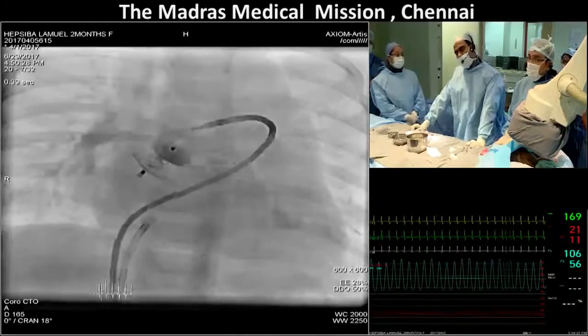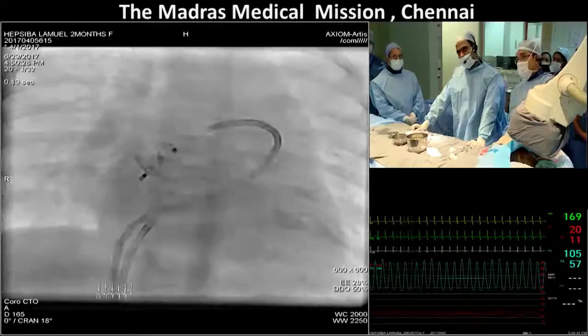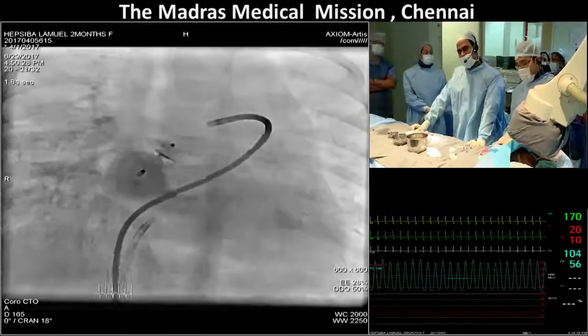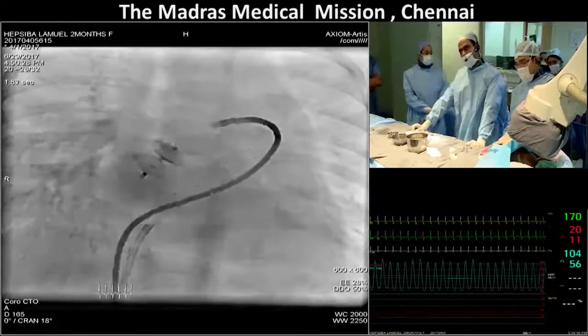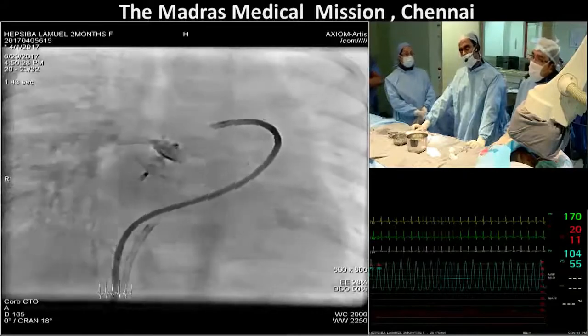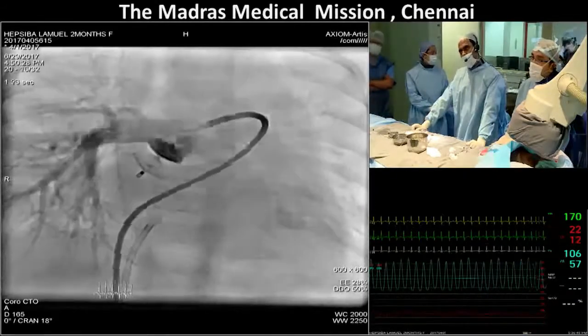I agree that the pulmonary artery looks dilated, but it may be too small for a 4 mm Amplatzer septal occluder, because 4 plus 6 plus 6, it will be 16. And the amount of metal there will also be a little bit more.